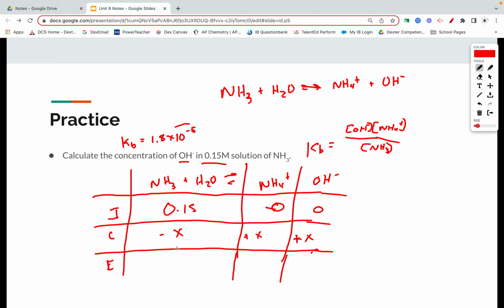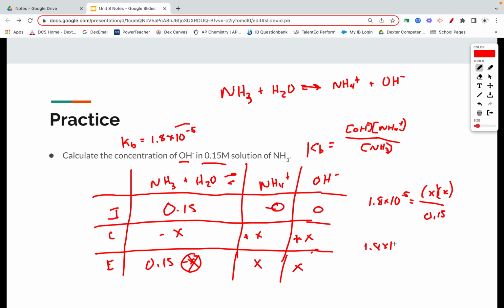And we know that this X is going to be negligible because it's going to be so small in comparison to 0.15, so we could just keep it out. But this is going to be X, and that's going to be X, so we can put it into our equation. We have 1.8 times 10 to the negative 5th is equal to X times X divided by 0.15.